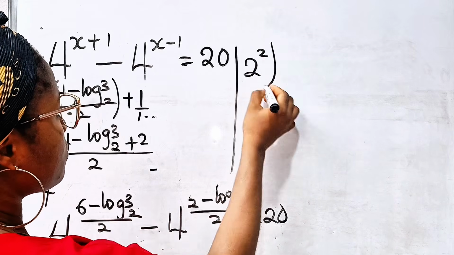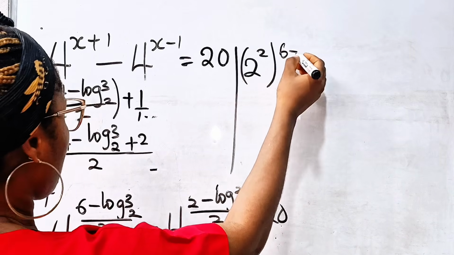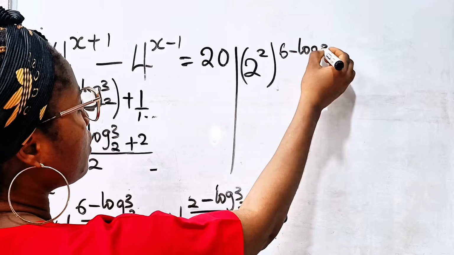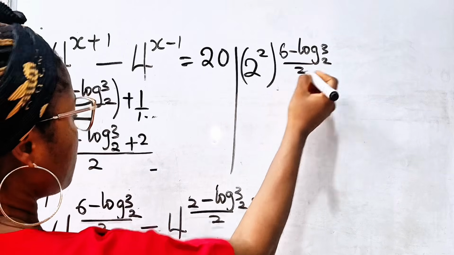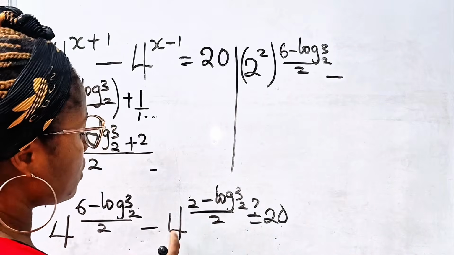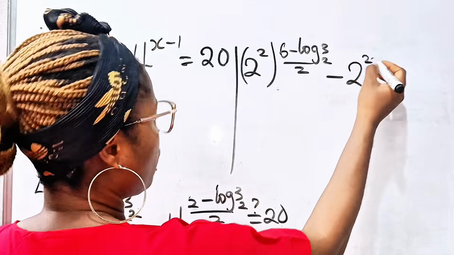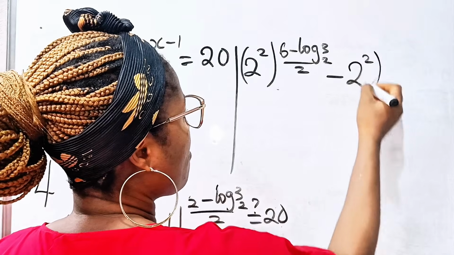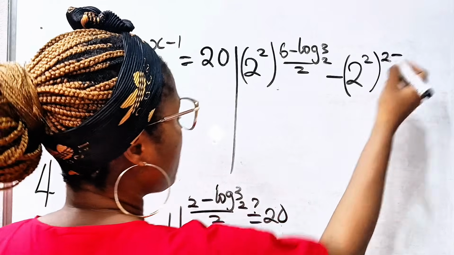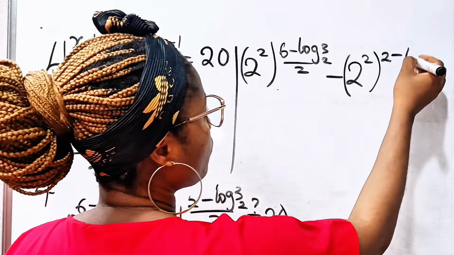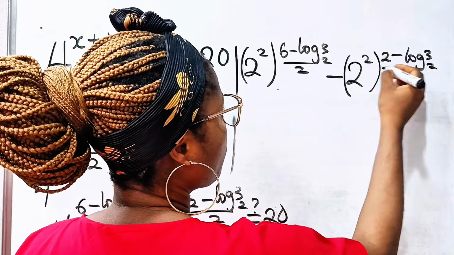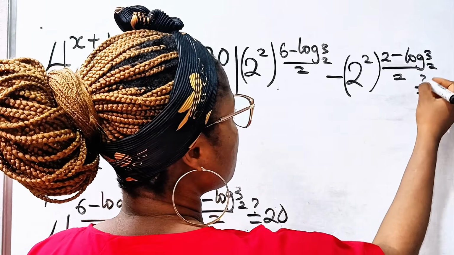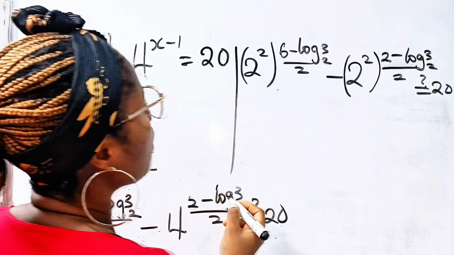Now let me use this: 6 minus log 3 base 2 divided by 2, minus the same thing here, 2 to the power of 2, raised to the power of 2 minus log 3 base 2 divided by 2. Is this equal to 20?